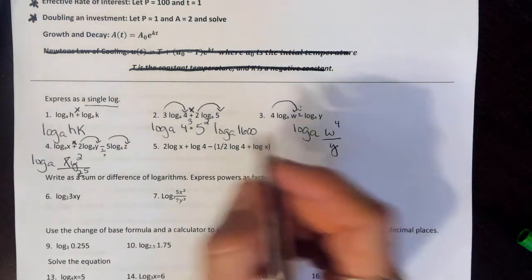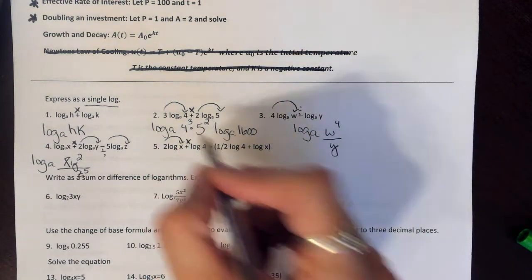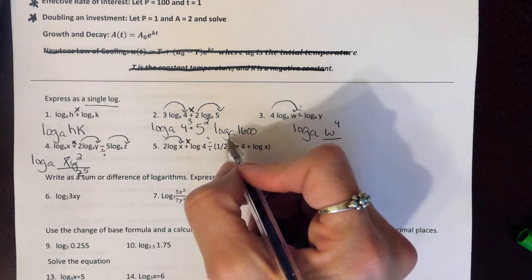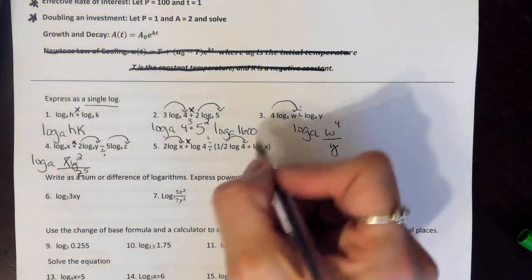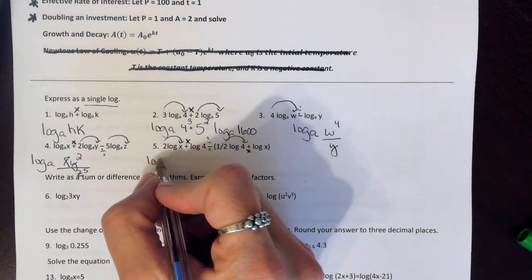Number 5 is going to work the same way. That 2 is going to come up here. That's going to be a plus. Plus is going to change to a times. That minus sign means division. That 1/2 means I'm going to take 4 to the 1/2 power. And that plus sign means to multiply. So we're going to write the word log one time.